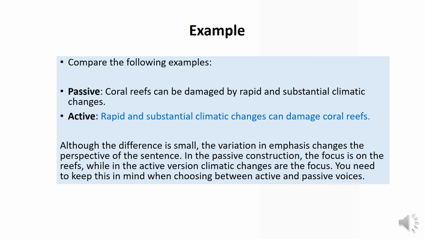Although the difference between them is small, the variation in emphasis changes the perspective of the sentence. In the passive construction, the focus is on the reef, while in the active version, climate change is the focus. You need to keep this in mind when choosing between active and passive voice.